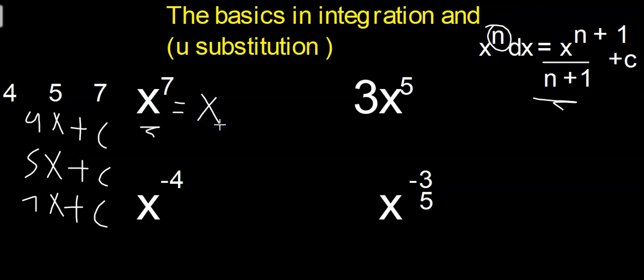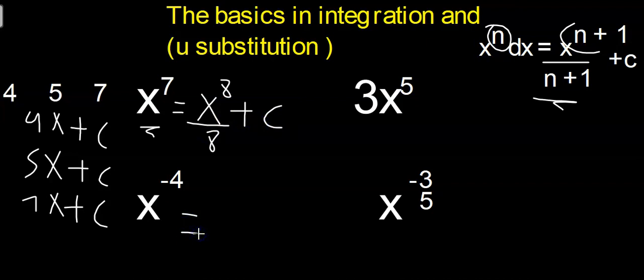As you can see over here, it says n plus 1, so I'm going to add 1. So 7 plus 1 will be 8. And then I'm also going to write my result, this 8, down in my denominator. So it will be x to the 8 over 8, and then plus c. This is all you have to do for this specific example.